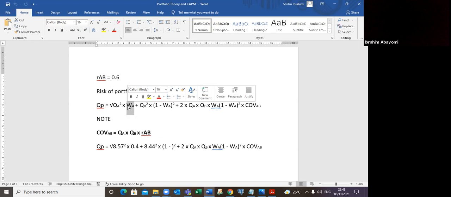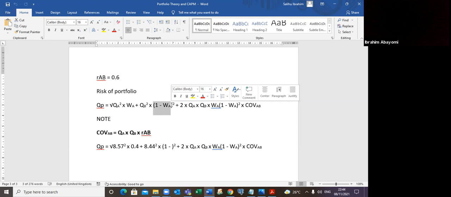So that's what this WA represents, plus variance of B times 1 minus weight of A squared.